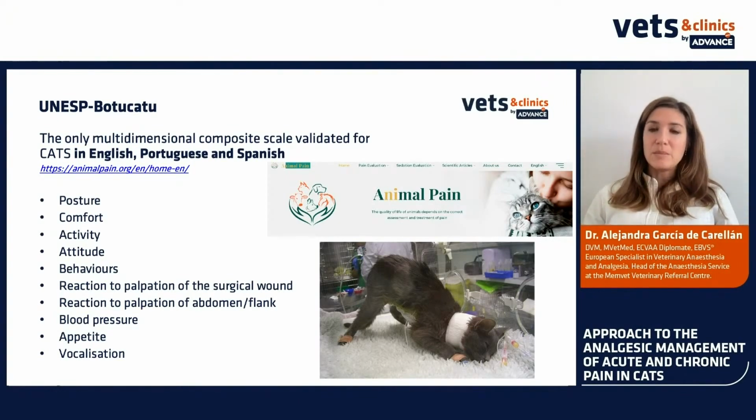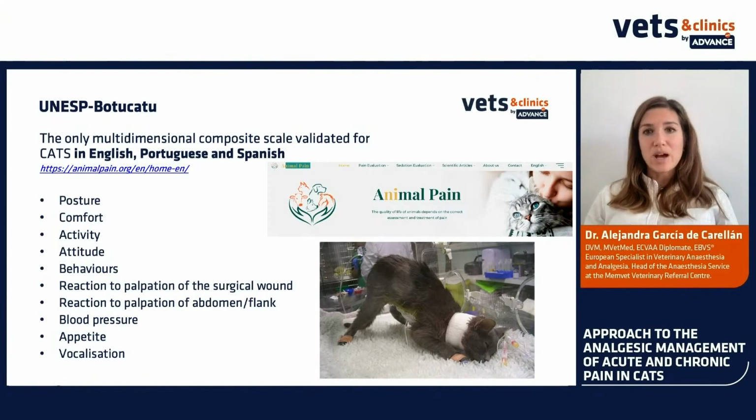If it's validated, it means that it's more repeatable and better, because the pain can be assessed by different people. You're not going to be always there to assess the pain yourself. So, for example, someone will take another shift, and this animal needs to be assessed. Therefore, these scales are very useful if they are validated.